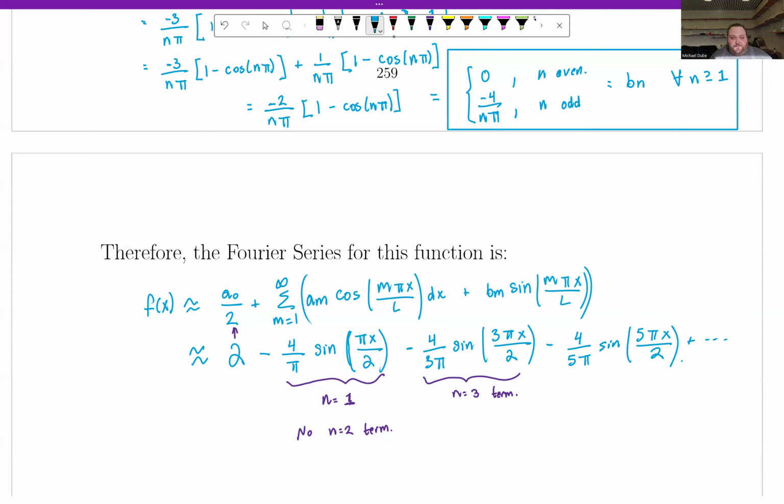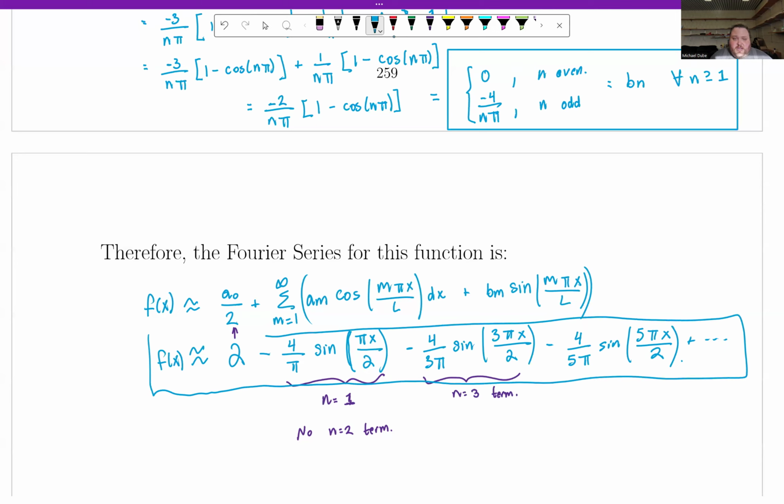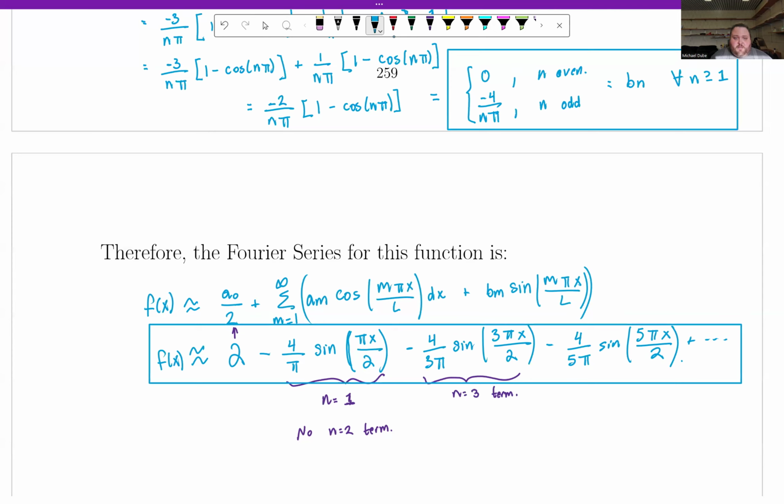Okay, good. And so we get this equation right here. And this is our Fourier series for our function f of x using sine and cosine. Okay, so we've seen how we can find these coefficients.